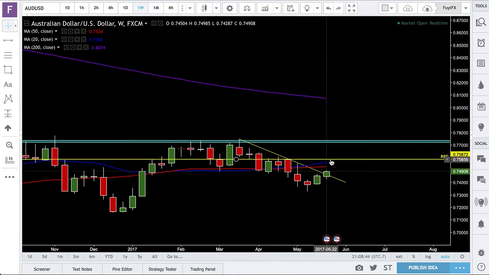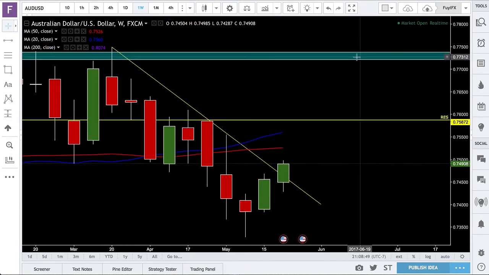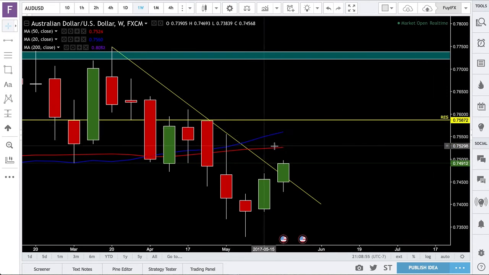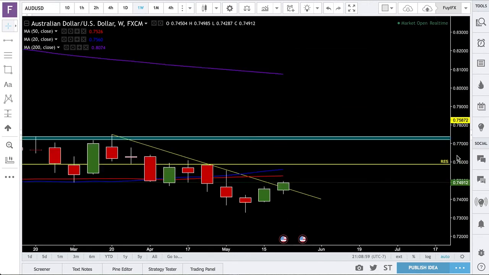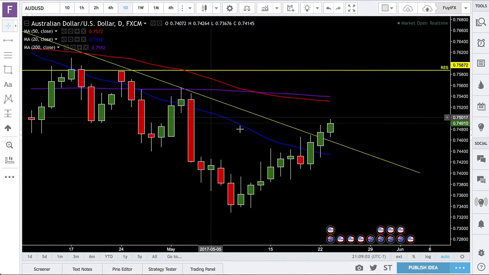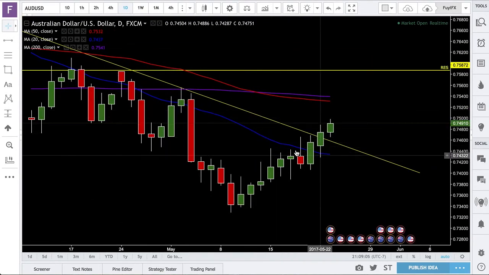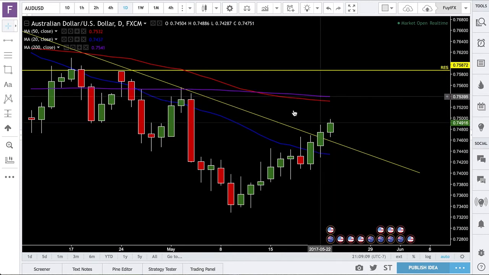Let's take a look at the weekly, and on the weekly you'll see that our horizontal line here at 75.8, you've got your 50 MA and your 20 MA right below it. So that looks good. Daily, again, we've covered the daily. Price is now above the 20 MA, and you've got the 200 and the 50 right above that.